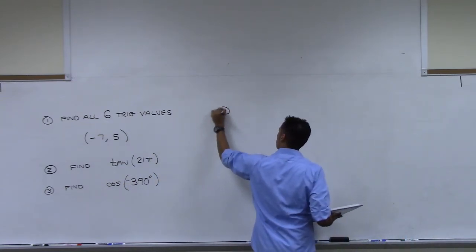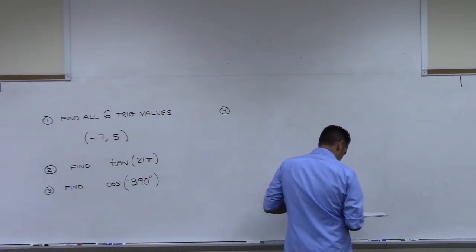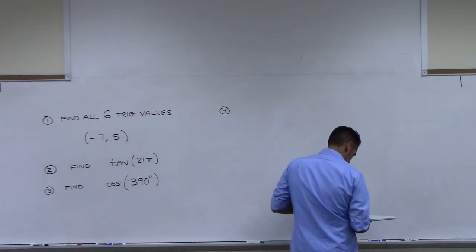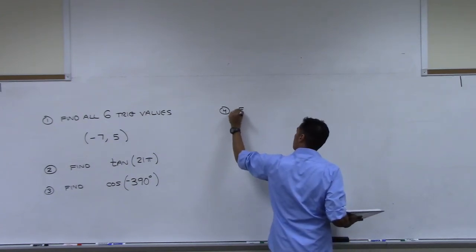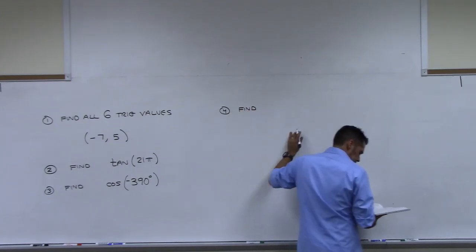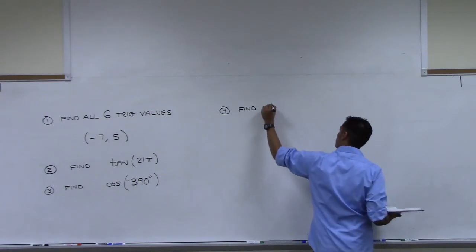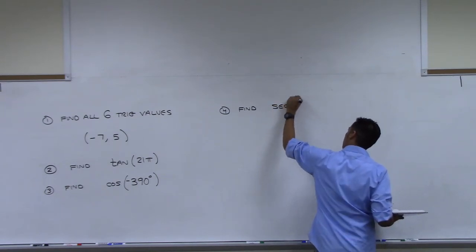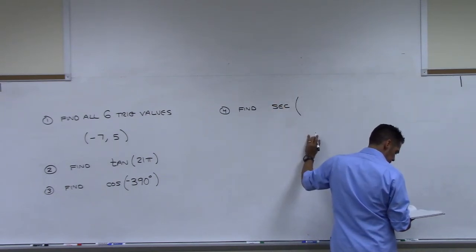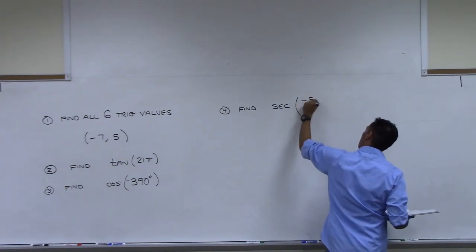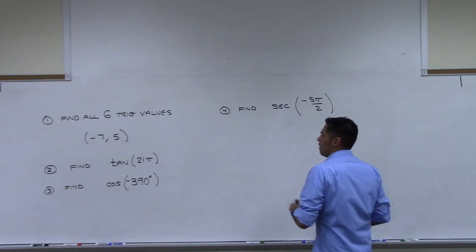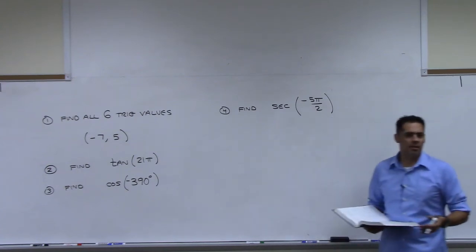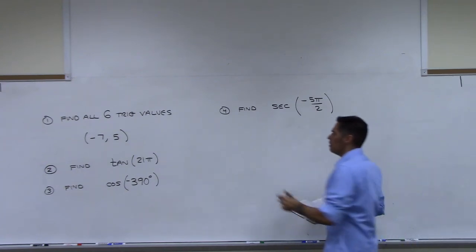Number 4: find secant of -5 pi over 2. And these are all to be done without calculators, by the way, okay?